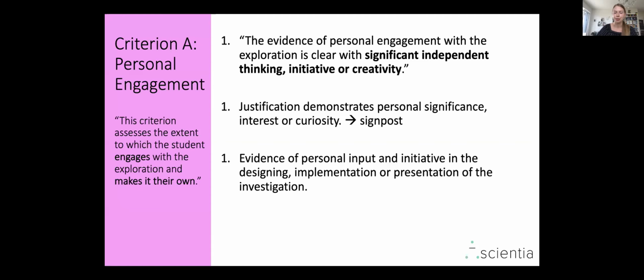You don't just want to write a short paragraph at the beginning with some kind of anecdote about how you're lactose intolerant and that's why you're studying lactose. You really want to incorporate it throughout your entire IA and continuously justify why you're interested in this through your methodology, your implementation, the presentation of the investigation, or something in that vein.